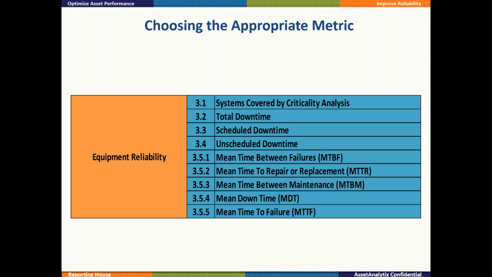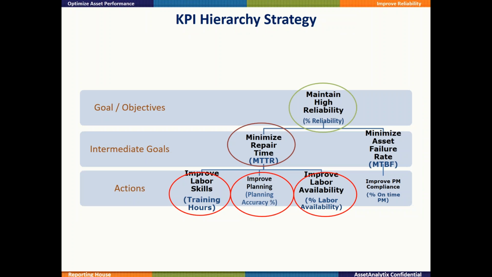For this example, let's take SMRP, Society of Maintenance Reliability Professionals. They come up with 80 or so metrics that encompass different work streams. For this example it is equipment reliability, because I was talking about this in the previous one.